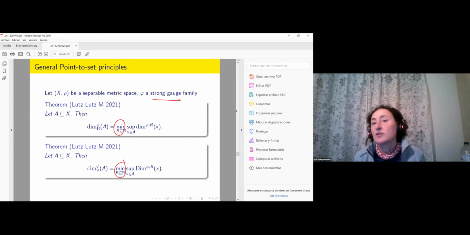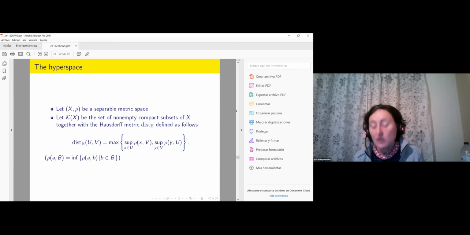So this is kind of the first nice thing. As we expected, separable spaces are good enough to do effective dimension, and gauge functions can mostly also deal with point to set principles. Let's do something useful with this. So we're going to look at the hyperspace.